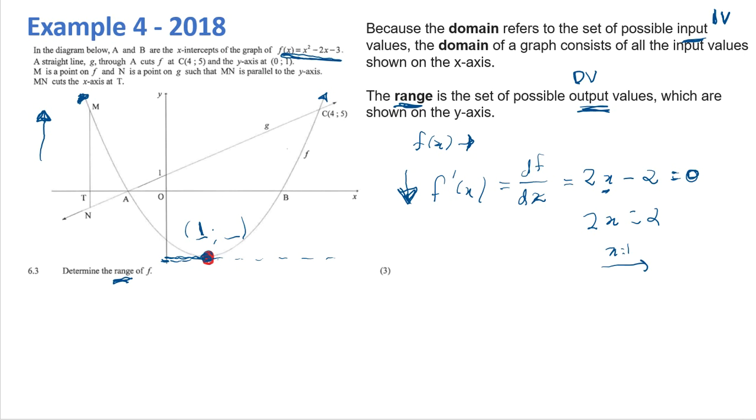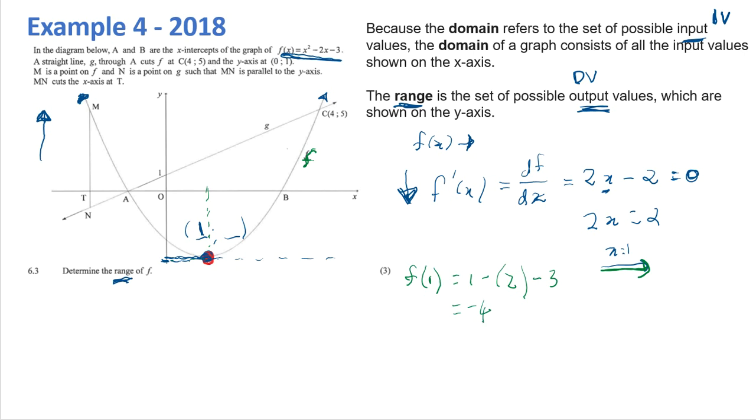Well, we're just going to plug this value of x equals 1 into this function f, and then we get the corresponding y value. Okay, so f at the point 1 equals, well, we have 1 squared is 1, minus 2 times 1 is 2, minus 3, that is minus 4.